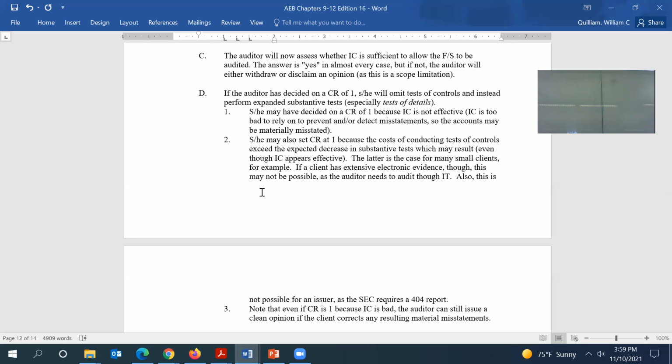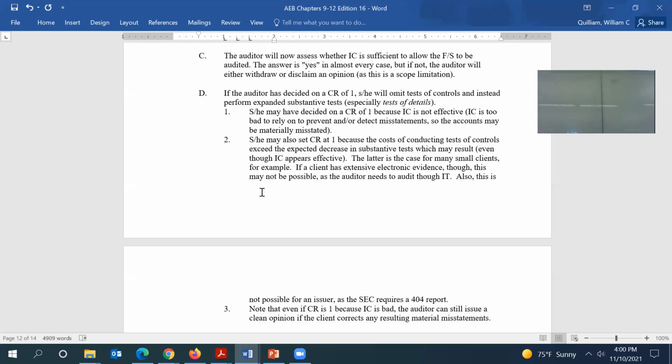So now this auditor said, okay, I can audit the client. There's sufficient internal control. We now have two different scenarios to face. We'll address them both. First of all, we'll address the scenario where the auditor's preliminary assessment of control risk is 100%.